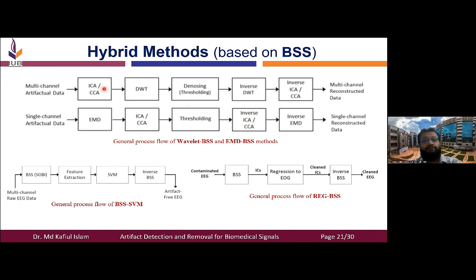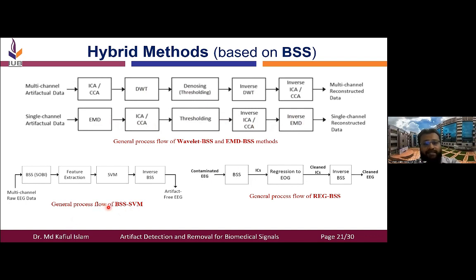For example, this first block diagram says that you can use a combination of a BSS, blind source separation technique, such as ICA, independent component analysis, or CCA, canonical correlation analysis, with the help of wavelet transform, like discrete wavelet transform, which is known as the wavelet enhanced BSS method, to remove artifact like this. Similarly, you can use an EMD-based BSS method to remove artifact through this process.